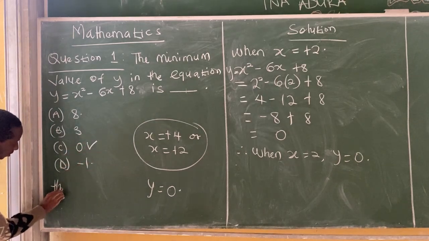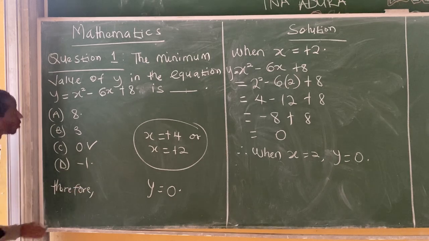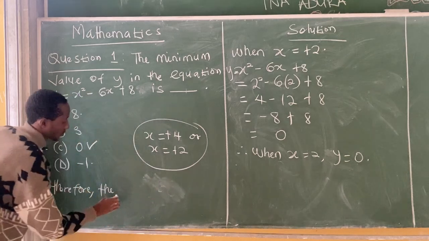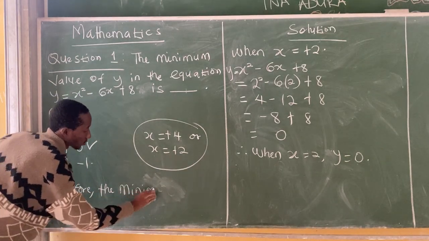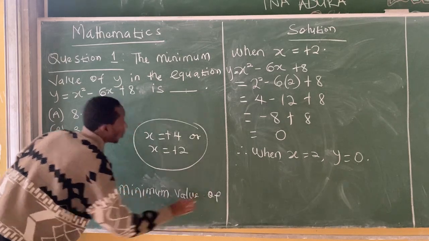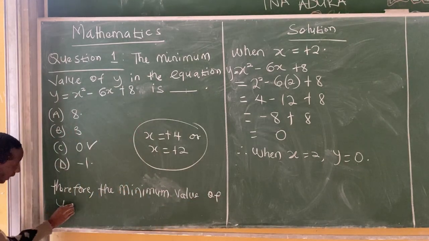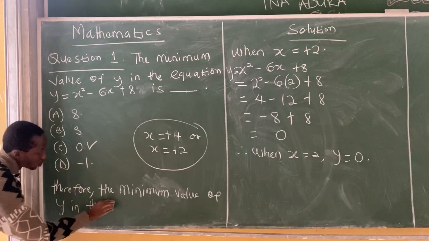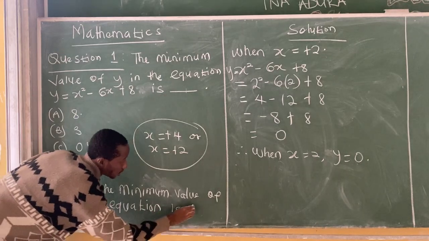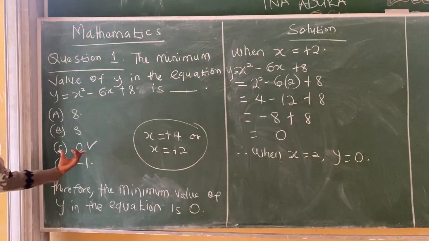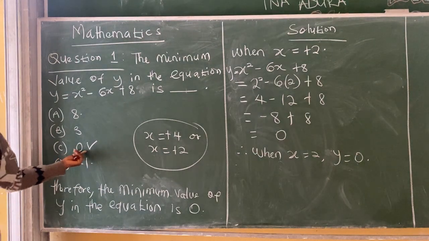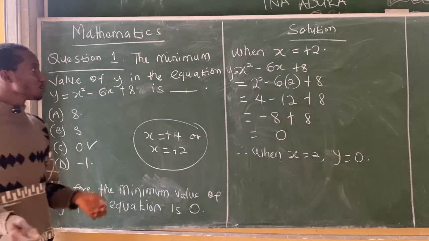Therefore, the minimum value of y in the equation is 0. So our final answer, the correct option is option C. Y is equal to 0. Let's move on to the next question.